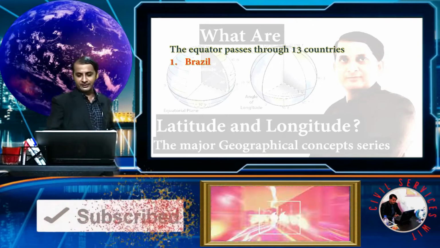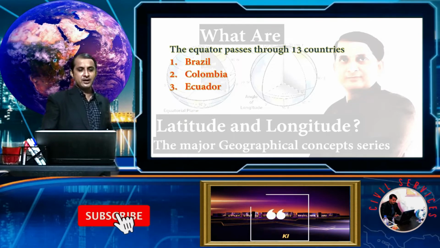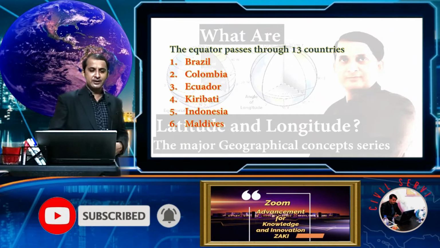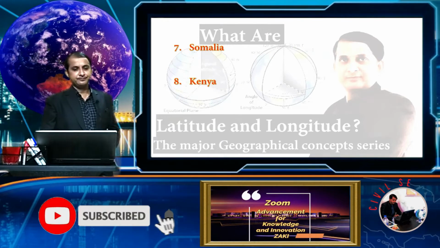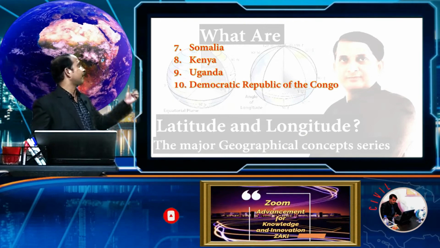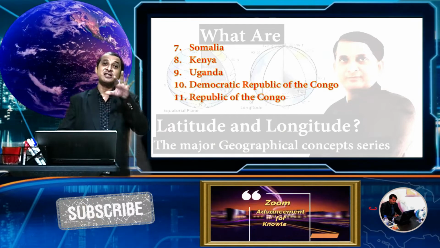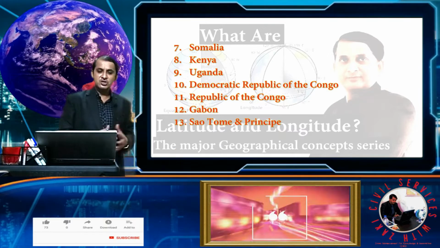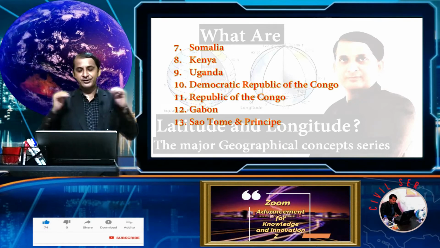These 13 countries are Brazil, Colombia, Ecuador, Kiribati, Indonesia, Maldives, Somalia, Kenya, Uganda, Democratic Republic of Congo, formerly known as Zaire, Republic of the Congo, Gabon, and Sao Tome and Principe. So these 13 countries lie on the equator.